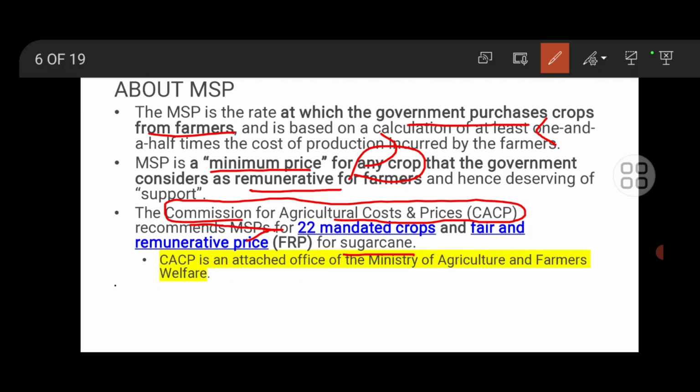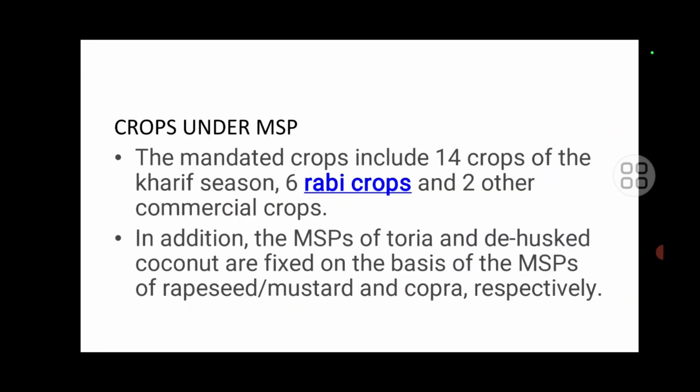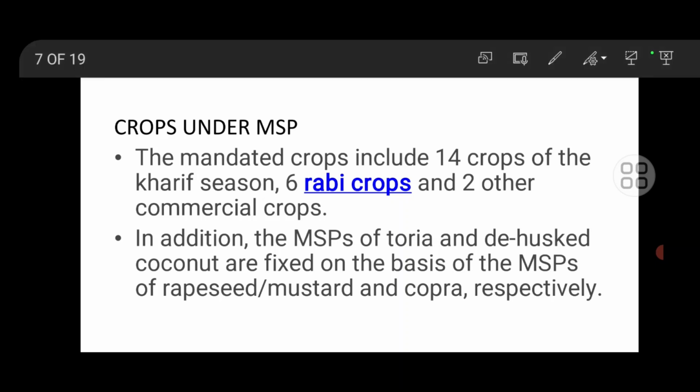For sugarcane it is recommended by FRP, that is the Fair and Remunerative Price. CACP is an office that comes under the Ministry of Agriculture. You need to know what crops come under the MSP: that is 14 kharif crops, 6 rabi crops and 2 commercial crops. Then toria and de-husked coconut also come under MSP.